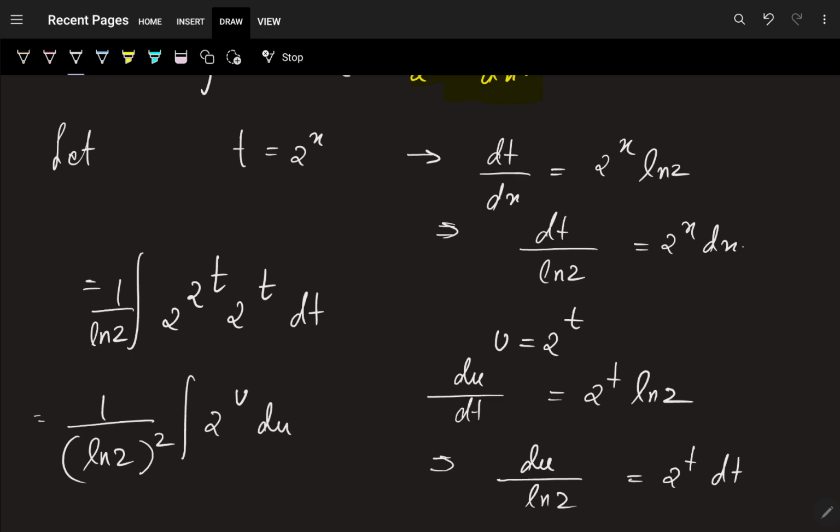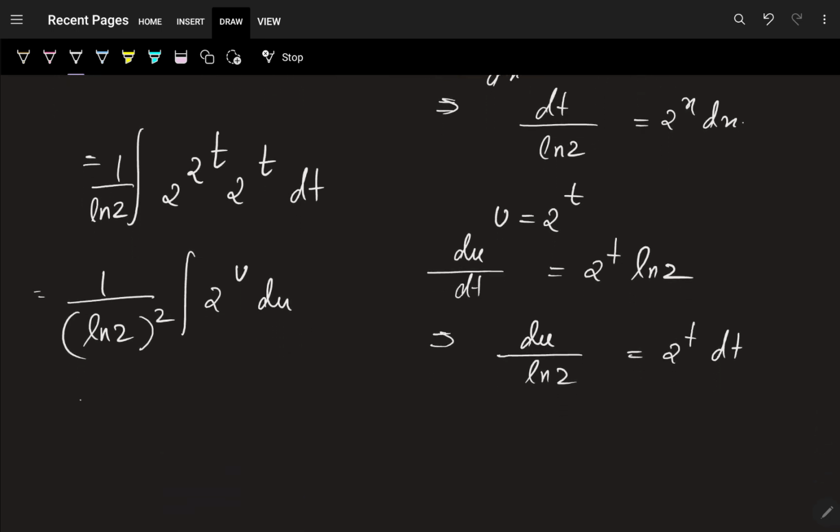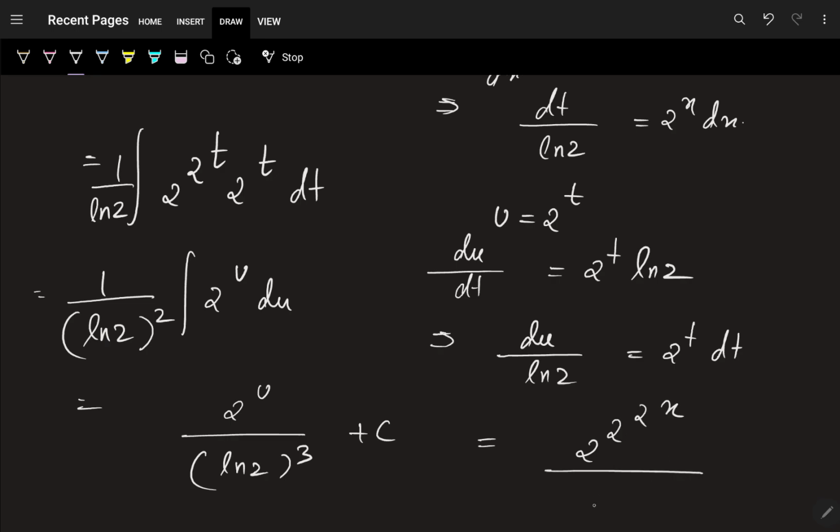Now 2 to the power u du is 2 to the power u by ln 2. So 2 to the power u by ln 2 cubed plus c. Now what is u? u is 2 to the power t and t is 2 to the power x. So 2 to the power 2 to the power x upon ln 2 cube plus c. This is the answer to the integral.